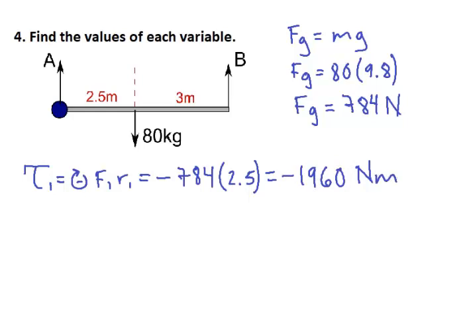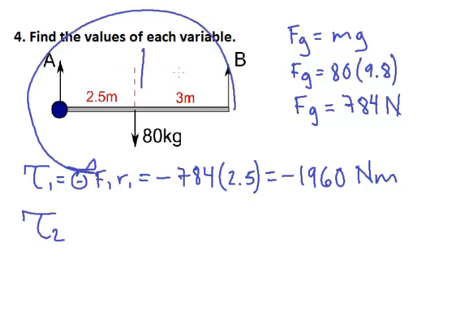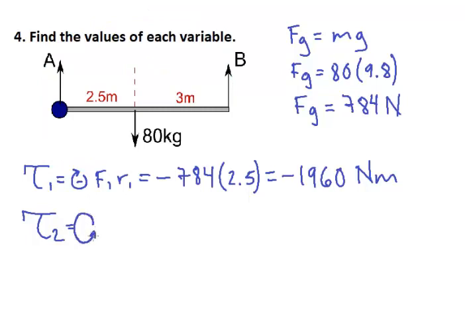Next, we're going to find torque number 2. So torque 2, as mentioned before, will be a positive torque. So it will go in this rotation, F2 R2. So positive, the force 2 being B, and the lever arm in this case is the distance from B to the fulcrum.